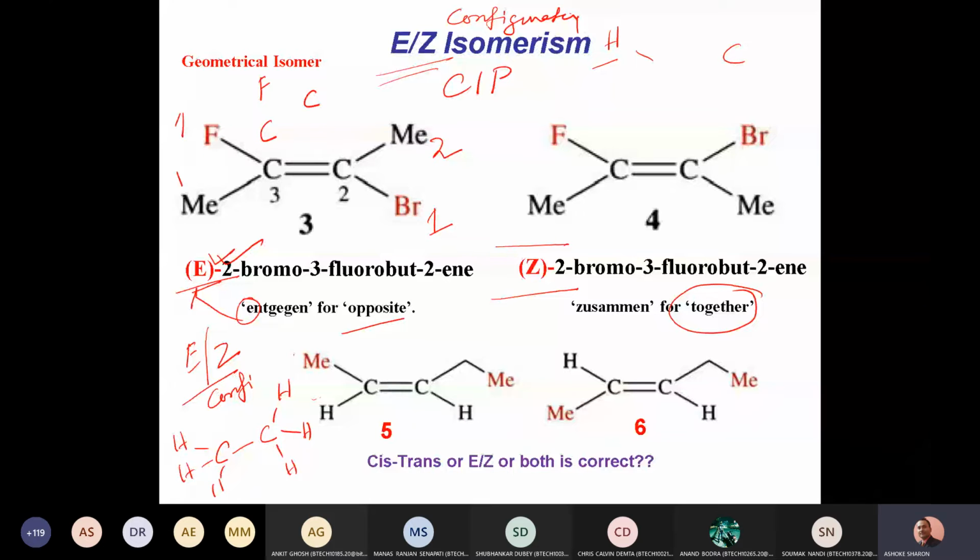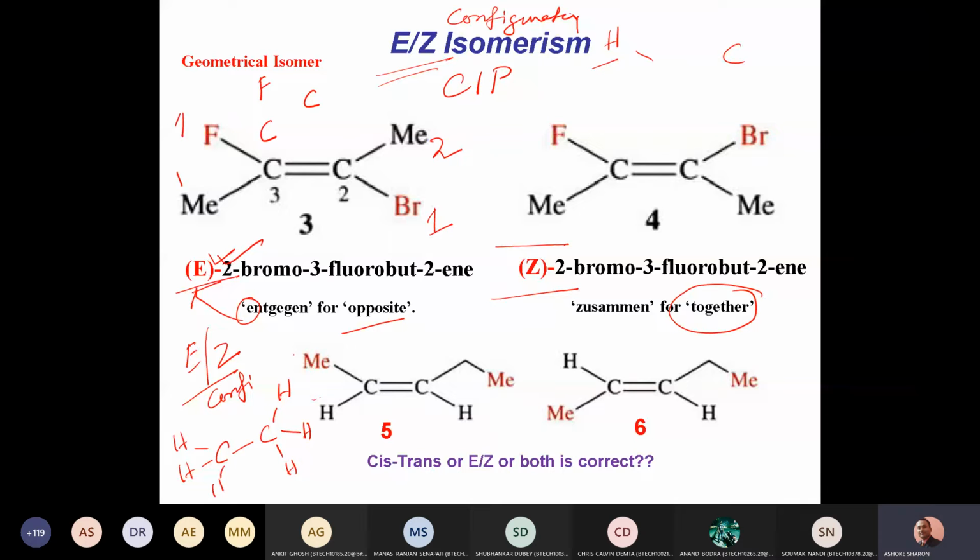So that is the reason that in the case of 3 and 4, cis trans is not recommended. Only E and Z is recommended. But in the case of 5 and 6, our old nomenclature system, cis trans, is perfectly fine. You see, slowly, as we got more and more examples, more and more complexity, we came out with a better nomenclature system.